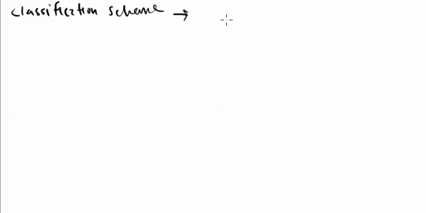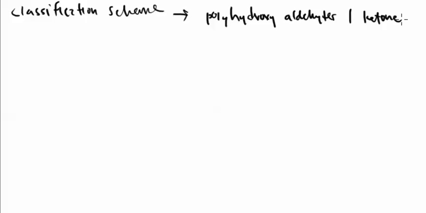In the first type of classification scheme, we called these things polyhydroxy aldehydes, or polyhydroxy ketones. And it really depends on what the sugar is carrying with it. If it's carrying an aldehyde group, of course it's called a polyhydroxyaldehyde. If it's carrying a ketone group, it's called a polyhydroxy ketone. So that was the first kind of classification scheme that we discussed.